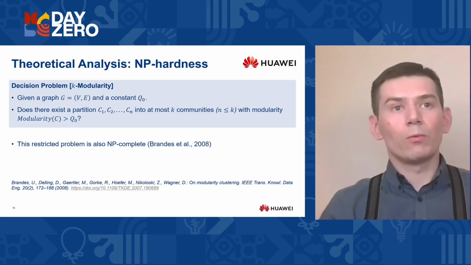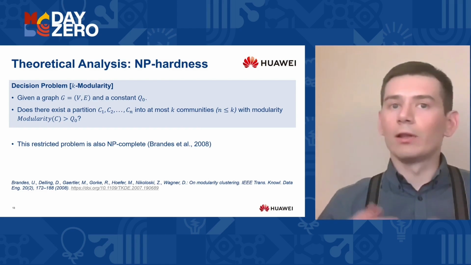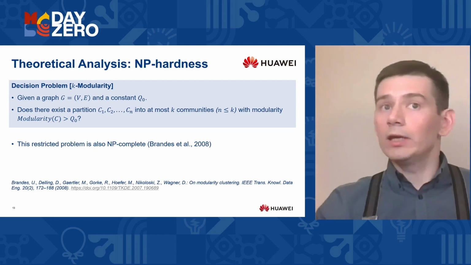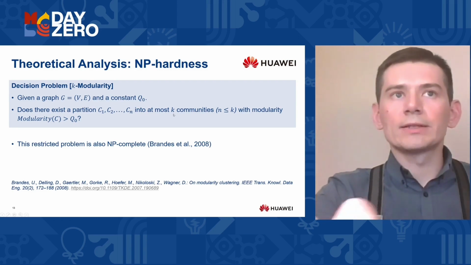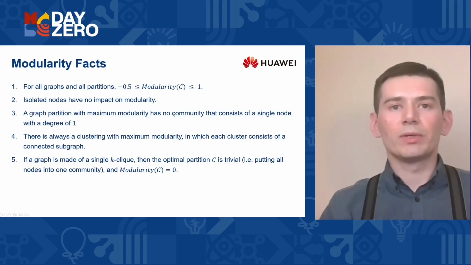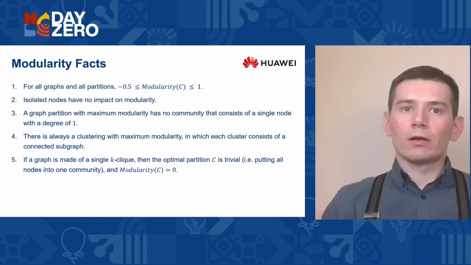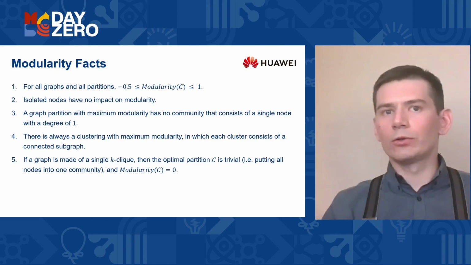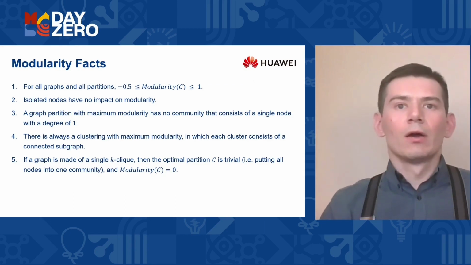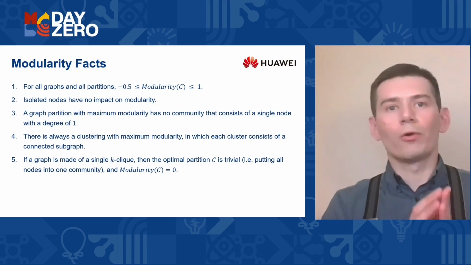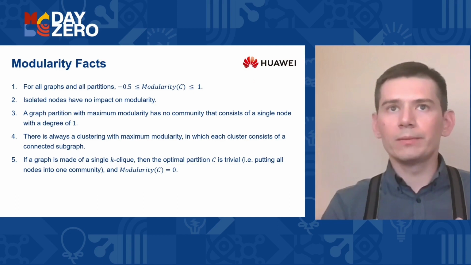This restricted version, even though it looks easier because we restrict the number of communities, is also NP-complete. So basically, modularity optimization is a computationally complex task. So we hope that today our participants could have come up with some approximate solutions, some heuristic methods, probably.